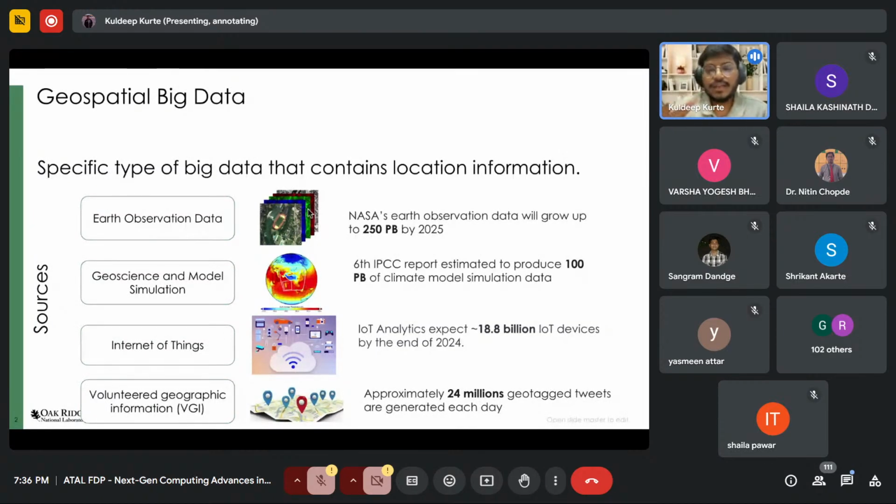And hence the conclusion that I want to make at the end of this slide was why there is such a requirement of high performance computing, and for what type of application we can apply it.